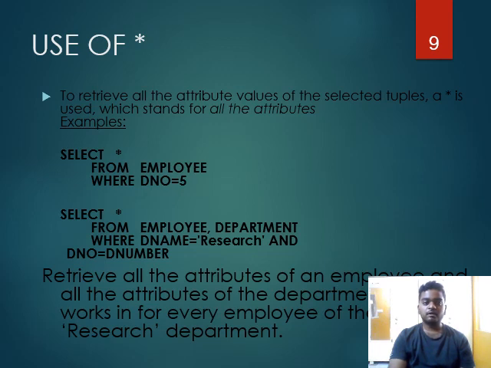To retrieve all the attribute values of the selected tuples, a star is used, which stands for all attributes. Examples: select star from employee where dno equals 5. Select star from employee, department where dname equals research and dno equals dnumber. This retrieves all attributes of an employee.